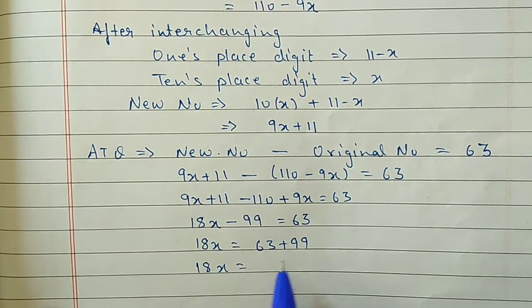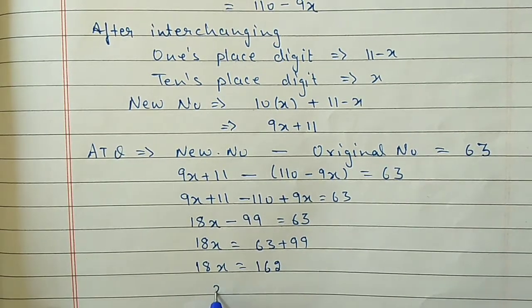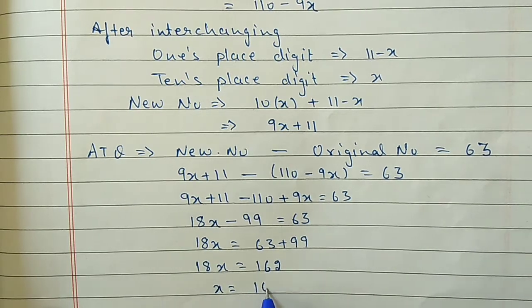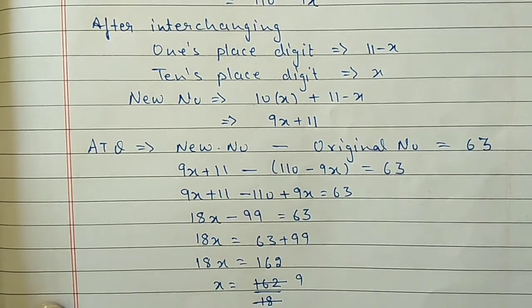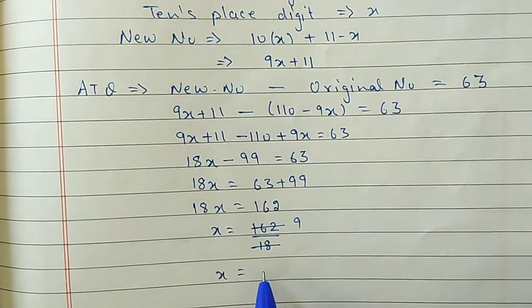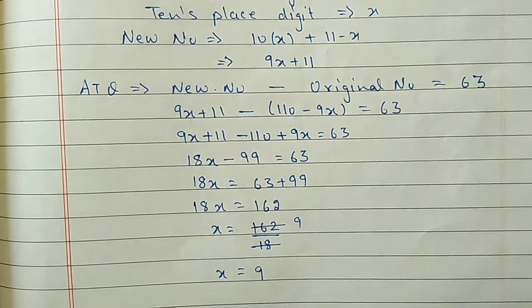We can add, 162. So x is equal to 162 divided by 18. It will go 9 times. So the value of x is 9. Now we can find out the original number.